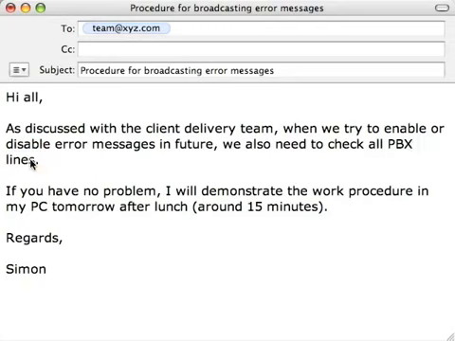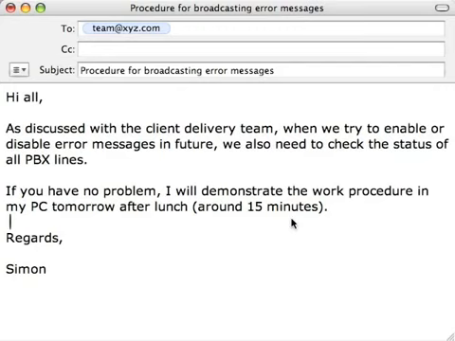We should begin by moving the word status towards the front of the sentence, closer to the main verb, which is check. Let's delete status at the end and move it up here, where we also need to add an article, the. Now we have check the status, and we'll need to add a preposition, of. So the last phrase becomes, we also need to check the status of all PBX lines.